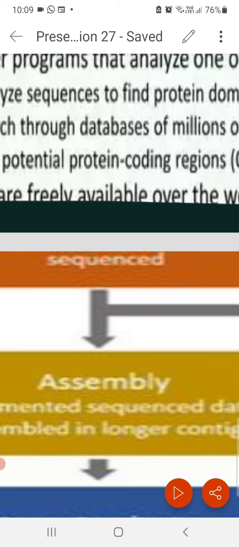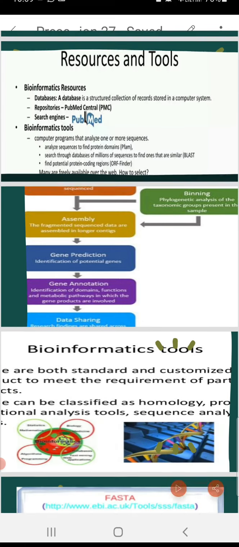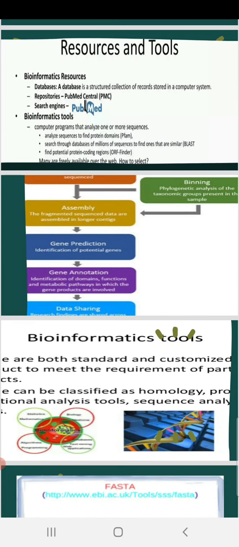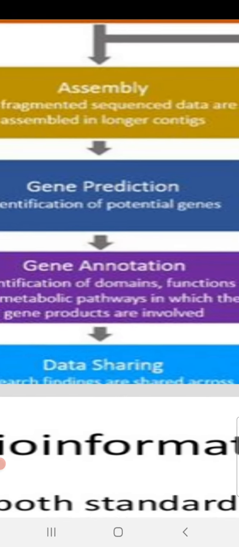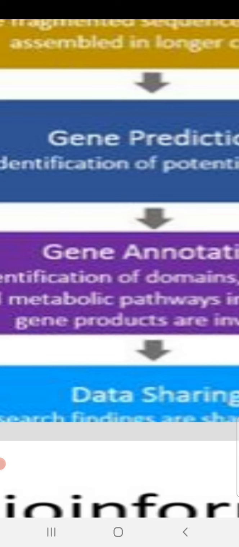So during transcription, the different sequences that will code for a particular protein have to be analyzed: first sequenced, then assembled, and then gene prediction has to be performed.